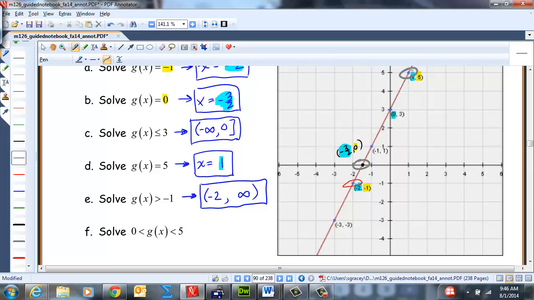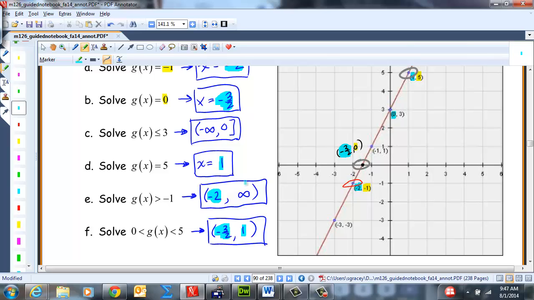So the x values that make that statement true are going to be an interval of values. And we're not going to include the endpoints. So it's going to go from -3/2 to 1. And again, these are x values. I should highlight, these are both x values. It's an interval of values on x.